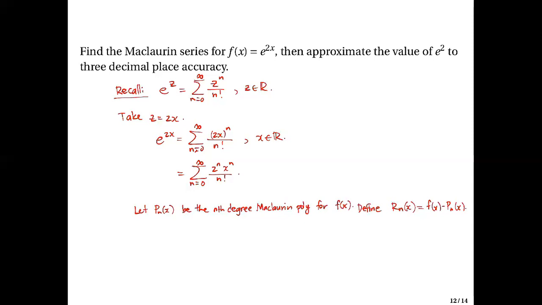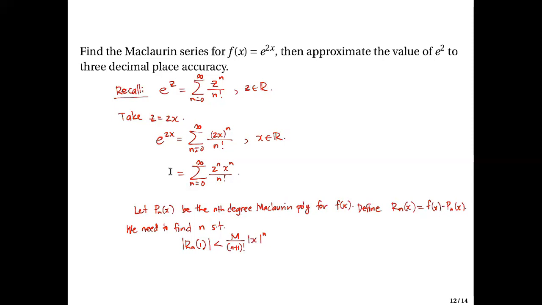Then, according to the theorem, we need to find n such that the absolute value of r sub n of 1 is less than capital M over n plus 1 factorial times the absolute value of x raised to n plus 1.